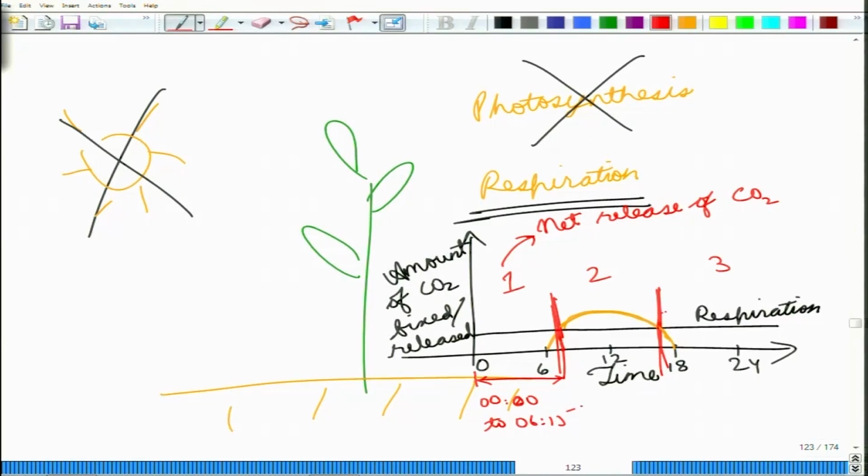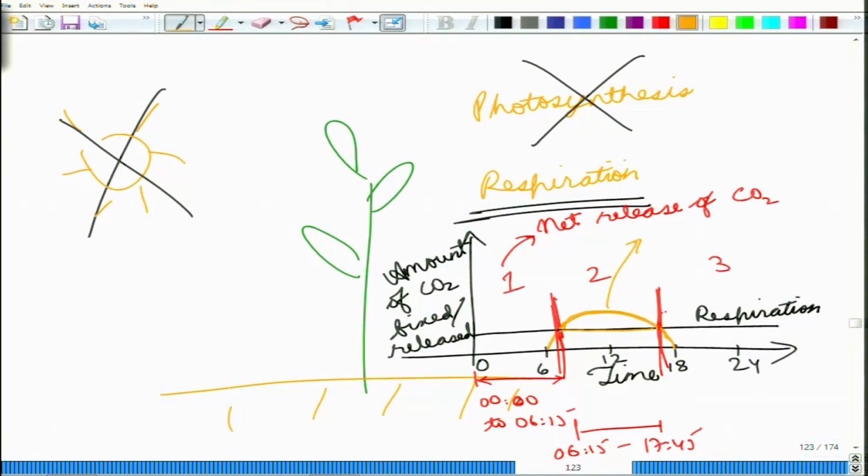In this stage from 6:15 to say around 17:45, here we see that the amount of carbon dioxide that is released in the process of respiration is less than the amount of carbon dioxide that is getting fixed because of photosynthesis.